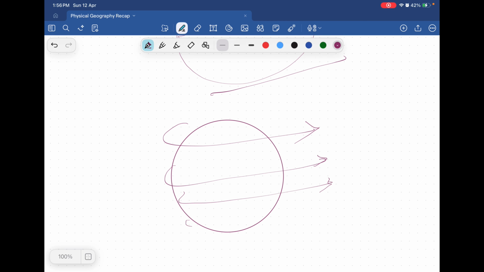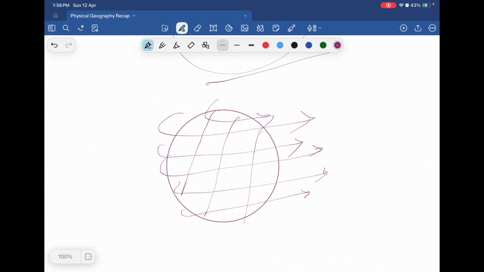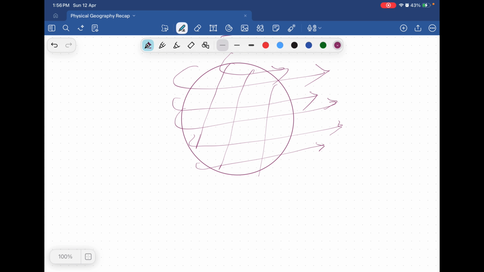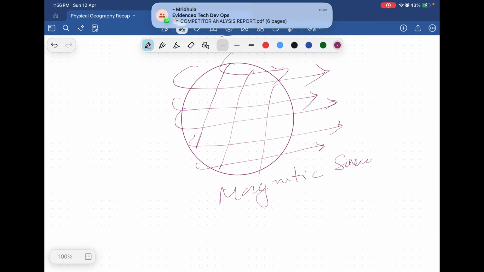This magnetic field has caused the magnetization of various substances on the earth. This is my understanding of what has been written in the NCERT, and my limited understanding. So we do something called magnetic surveys, which help determine the distribution of these magnetic substances through the earth.